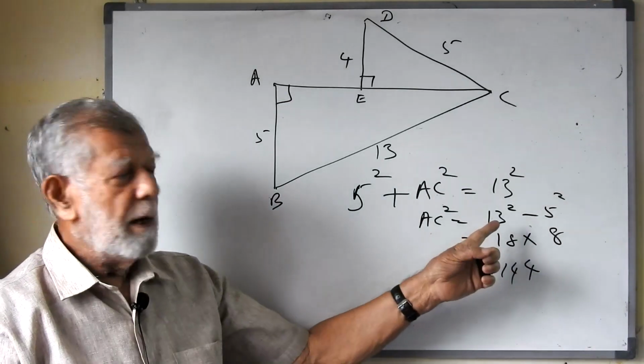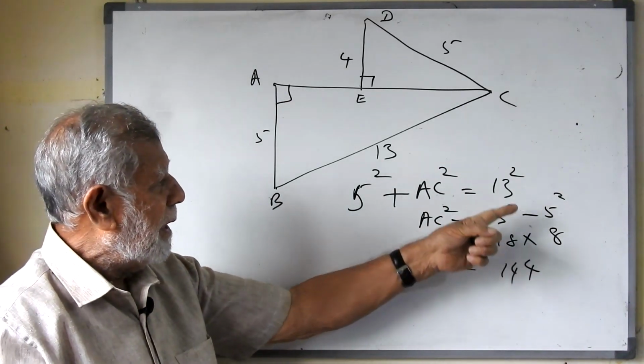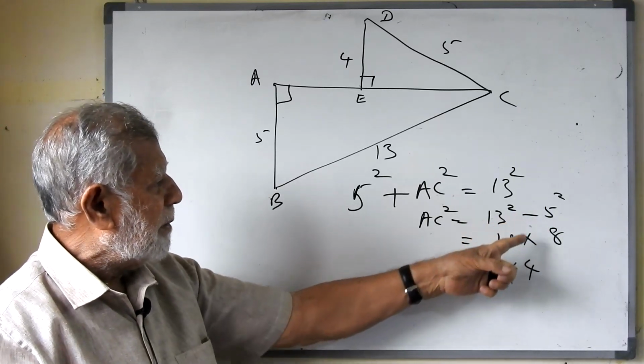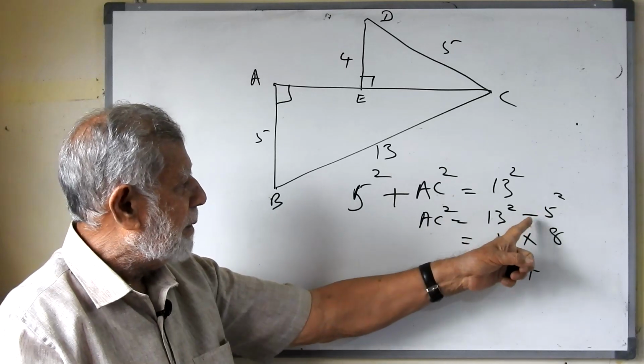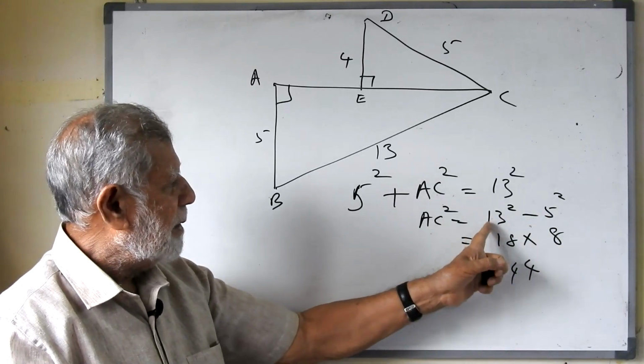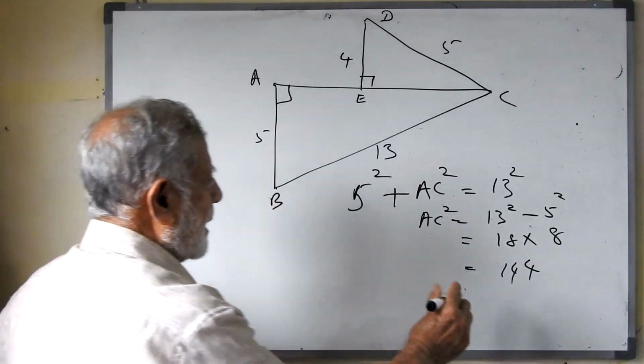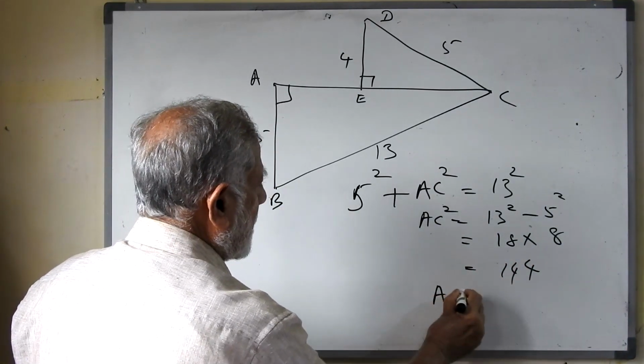Now the factorization is very important. Now I am using a square minus b square, that is a plus b into a minus b. So a plus b is 13 plus 5, 18. A minus b is 13 minus 5 is equal to 8. So 18 into 8 is 144. Therefore AC is equal to 12.